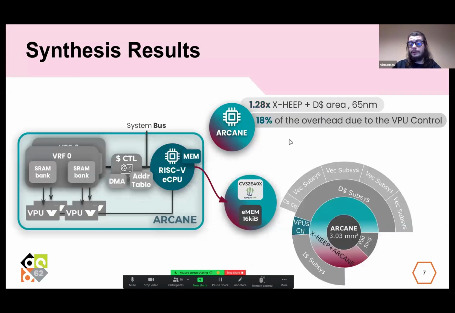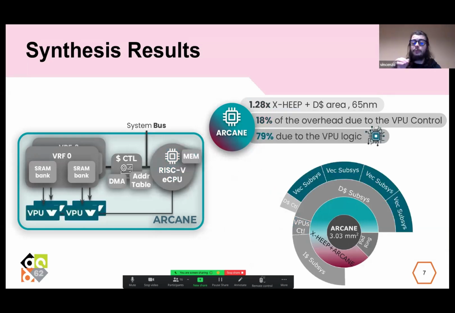If we take a look at the split-up of the area inside Arcane, we see that 20% of the overhead is due to the embedded CPU control that we have within our data cache. Most of the overhead within the data cache subsystem that you see here is coming from the 4 vector units embedded inside Arcane.